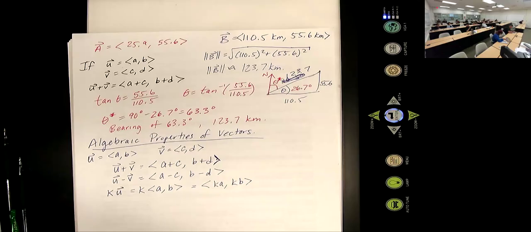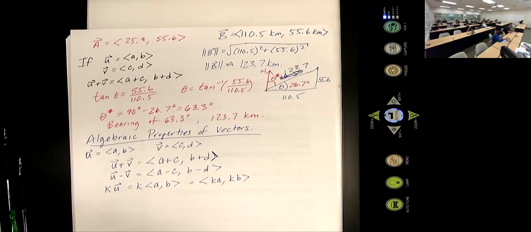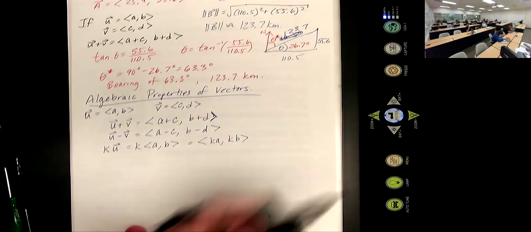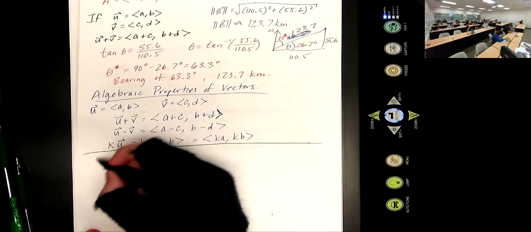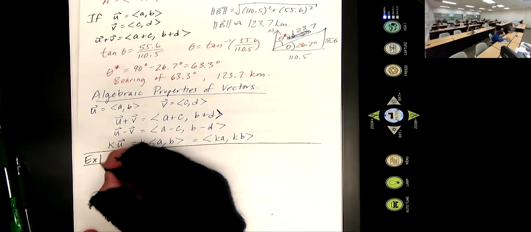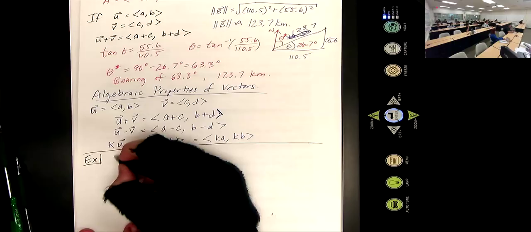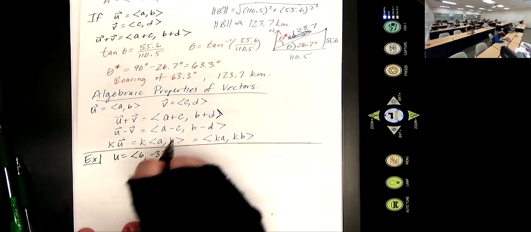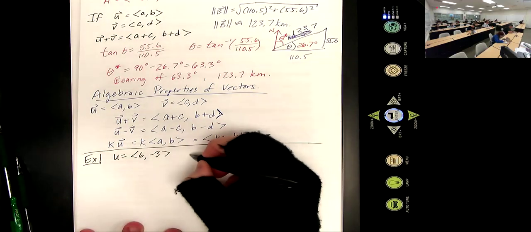Ready for more? We'll do some examples with that, real quick before we move on. Let's say u is the vector 6 comma -3 and v is the vector -14 comma 8.